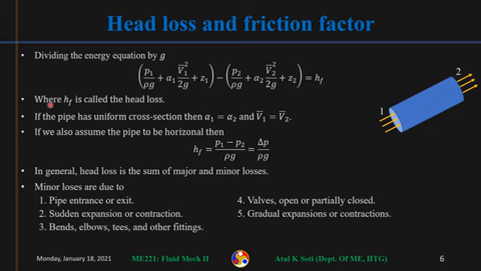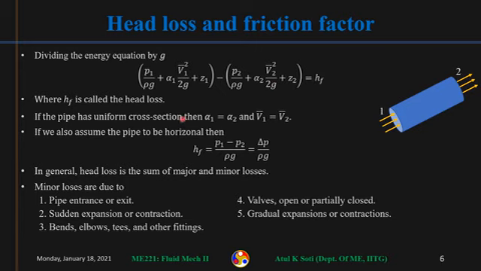This hf is called the head loss. It is nothing but the loss in mechanical energy of the fluid going from section 1 to section 2. And what is the unit? The unit will be meters, as you can see from the term z. From the principle of dimensional homogeneity, all terms should be in meters because the unit of z is meters, so the unit of head loss hf will also be meters.